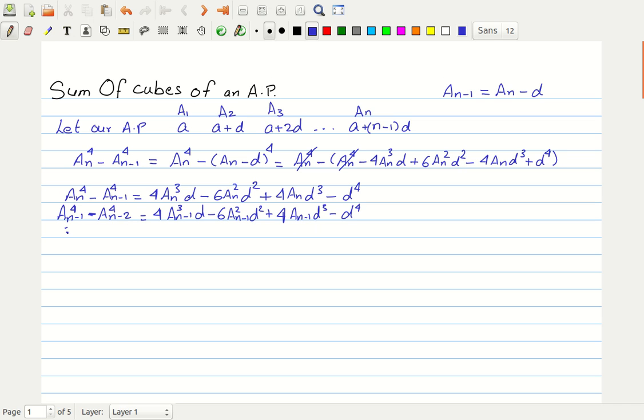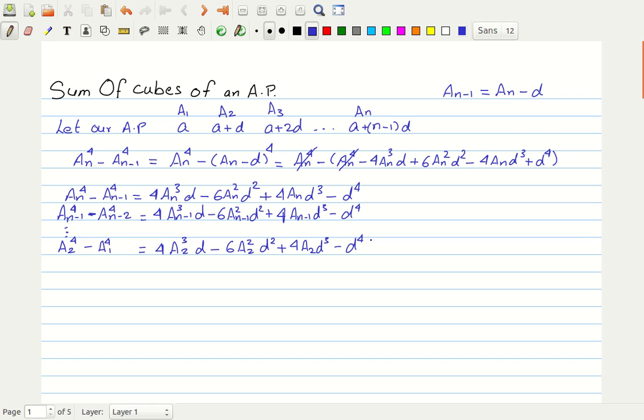And I go all the way up to a2 to the power 4 minus a1 to the power 4. This is going to be 4 a2 cube d minus 6 a2 square d square plus 4 a2 d cube minus d to the power 4.